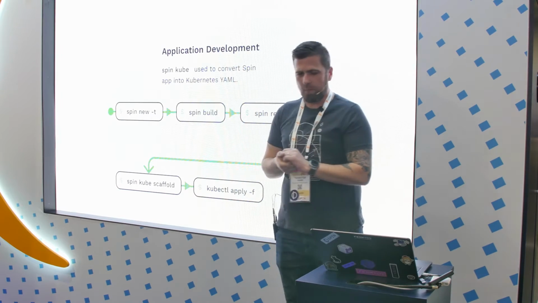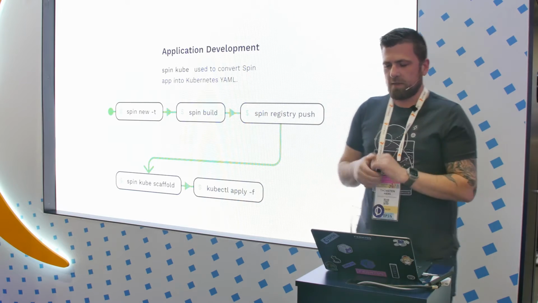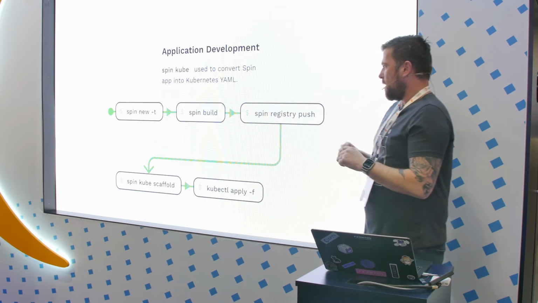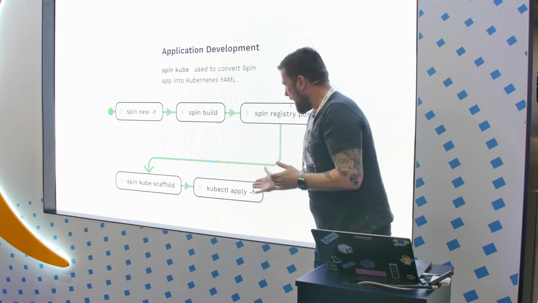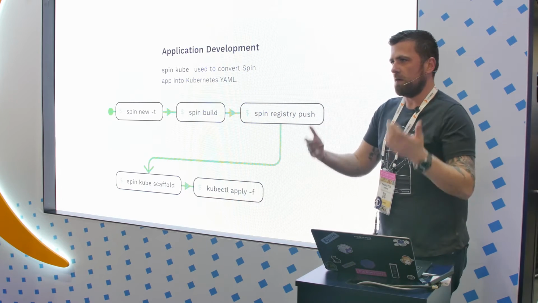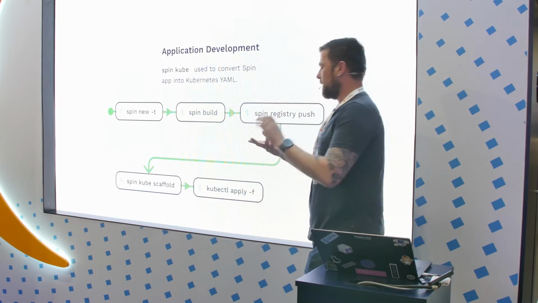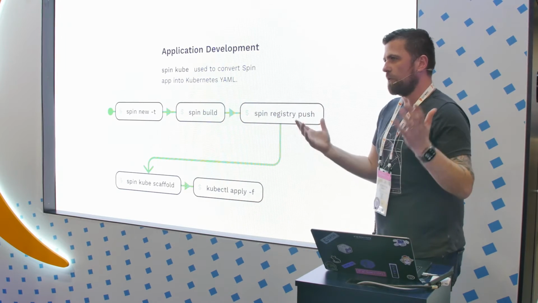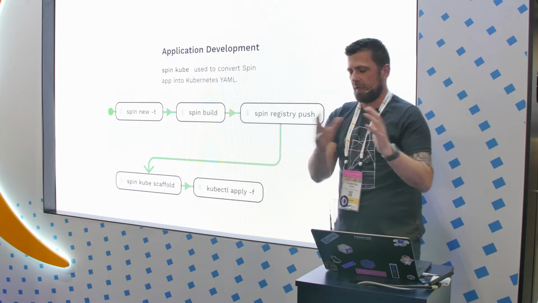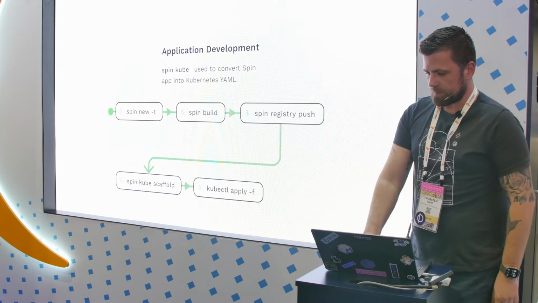As I mentioned, the Kube plugin for Spin gives you that scaffold command, which generates a bunch of YAML that you can then maybe manually apply, or if you're used to using Helm, or if you want to use GitOps, you can use those manifests with all those supported ways to get software into your Kubernetes system.